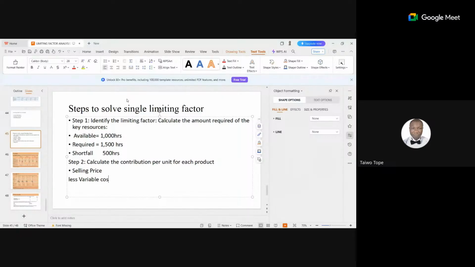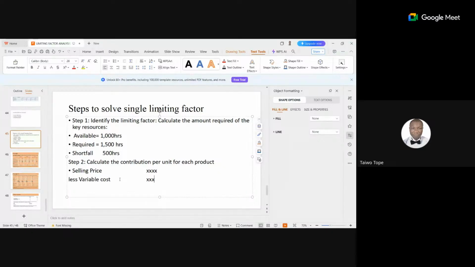The variable costs can be in different forms. It can be direct materials, direct labor, or variable production overhead. So you identify the selling price in the question, and also the various variable costs.